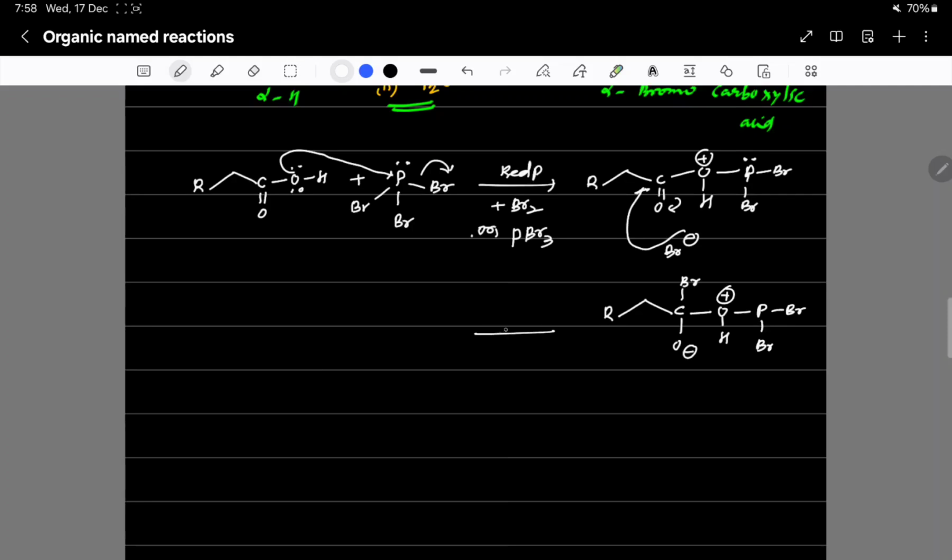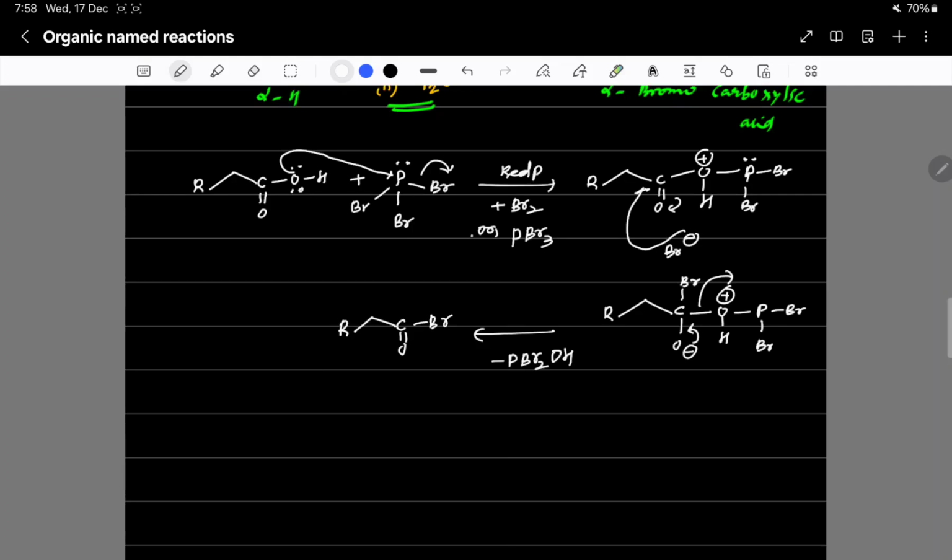Now in the next step it will leave this compound, and this will shift to form a C double bond O, right? The possible product here is PBr2OH, and we are getting C double bond O Br.